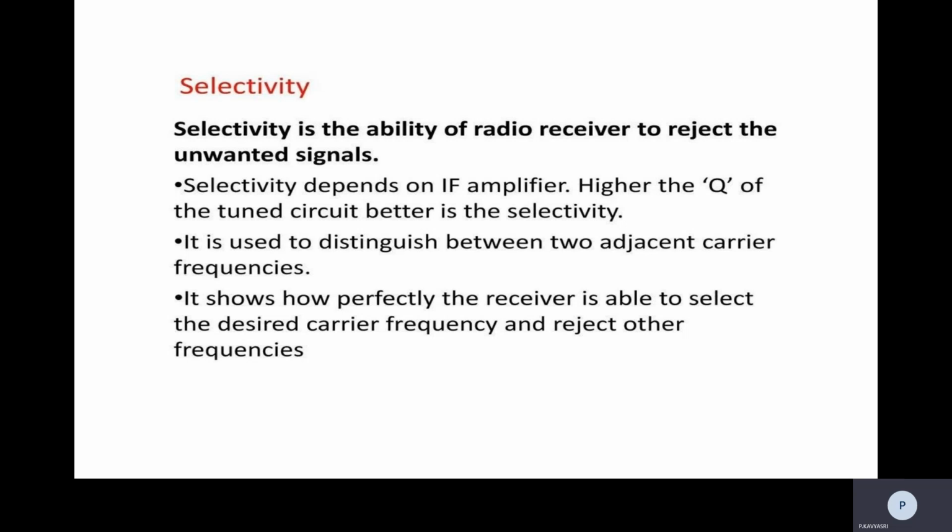It shows how perfectly the receiver is able to select the desired carrier frequency and reject the other frequencies. It is used to distinguish between two adjacent carrier frequencies. Simply we can say selectivity is the ability of a receiver to select a desired signal and to reject all other unwanted frequencies or signals.